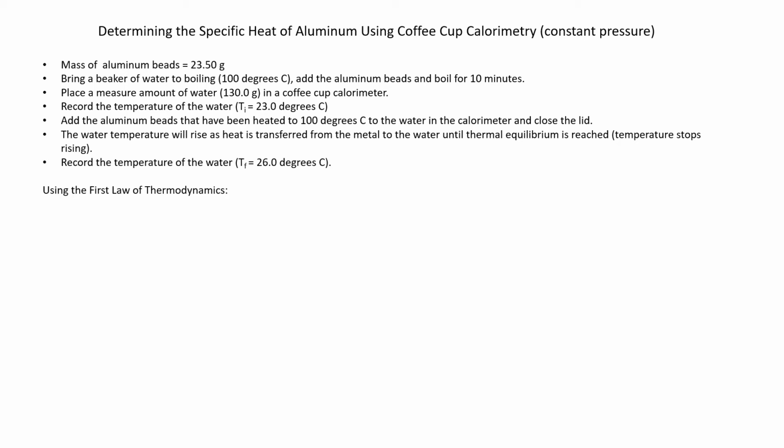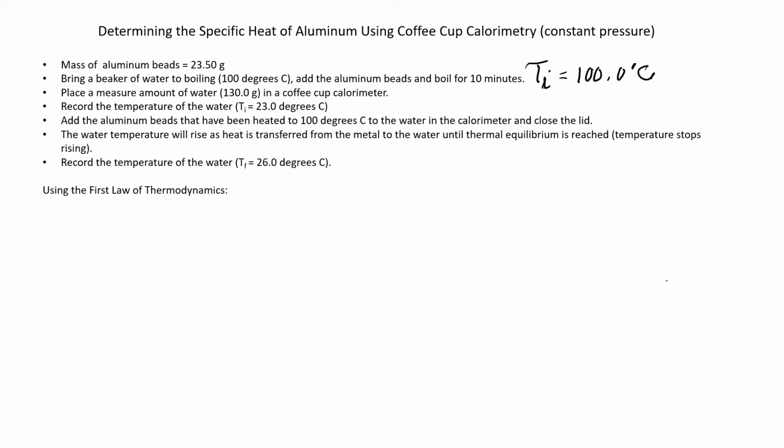During that 10 minutes, we are assuming that the metal beads absorb heat from that hot water and come up to the same temperature. So we are assuming that T initial for our metal equals 100 degrees Celsius when we start our experiment, or at the end of the 10 minutes of boiling.